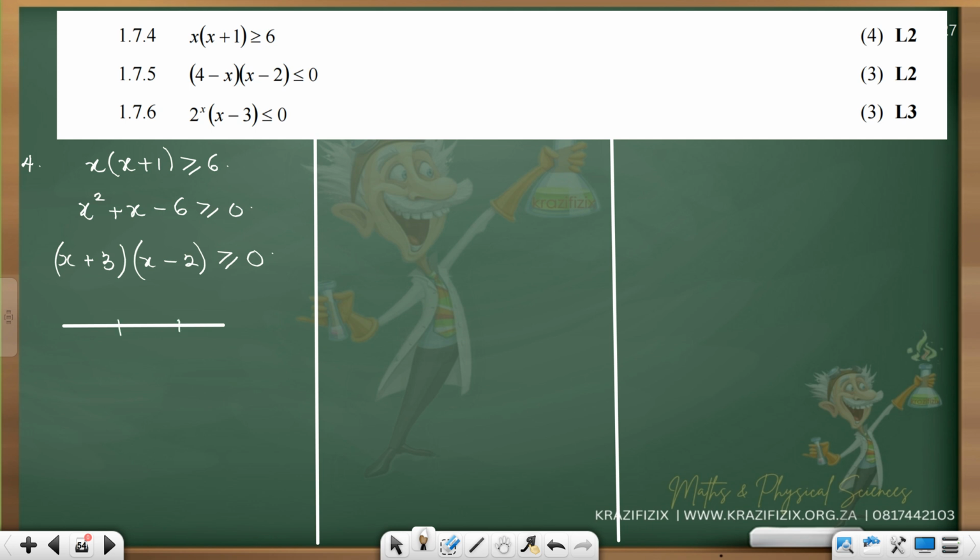Negative 3 and positive 2. Smaller number on the left and bigger number on the right. Plus, minus, plus. We are looking for positive stuff. So x should be less than or equal to negative 3, or x should be greater than or equal to 2. Is that fine with us?